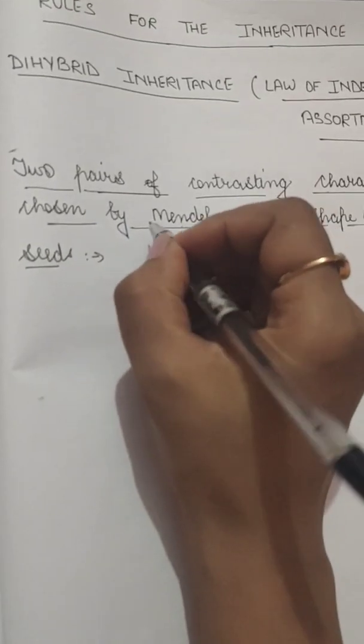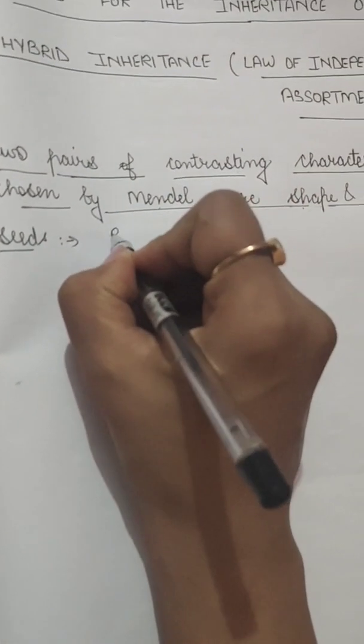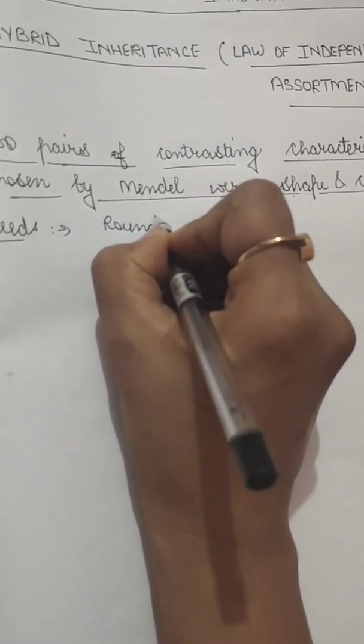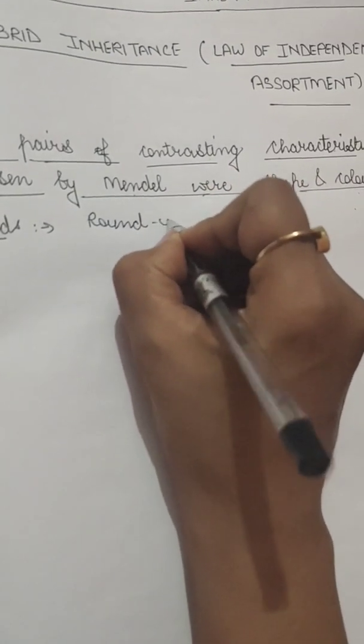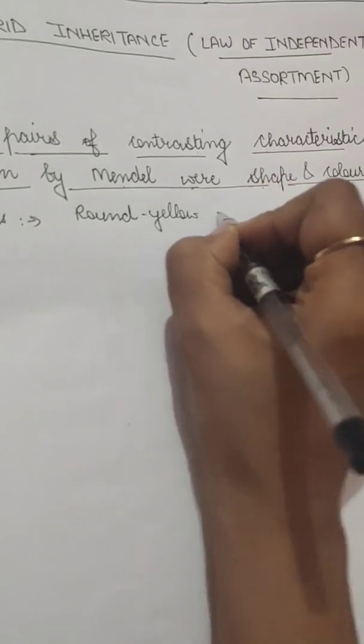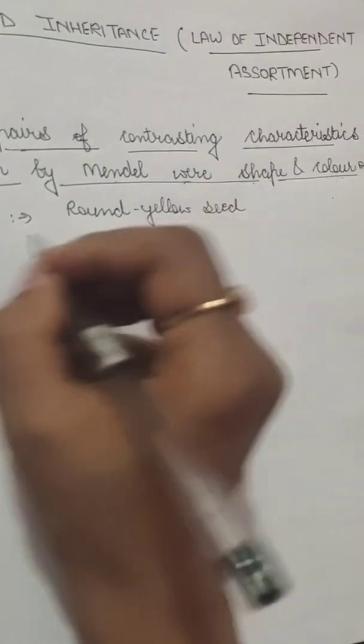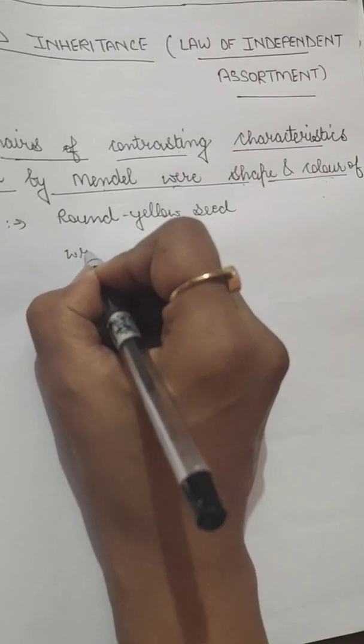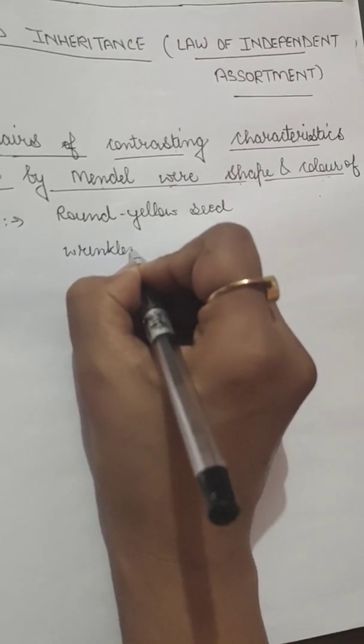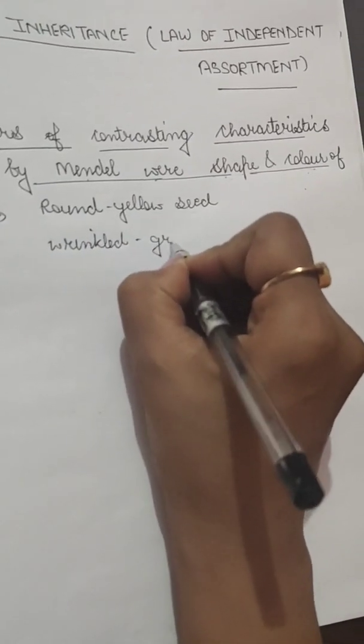So the shapes were round yellow seeds, and the other one was wrinkled green seeds.